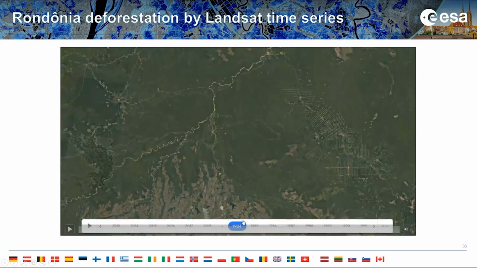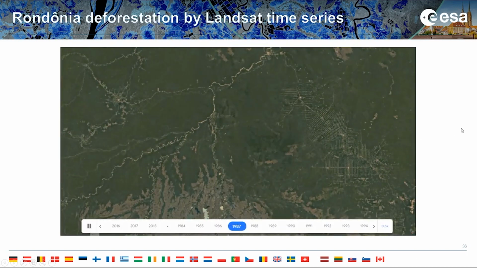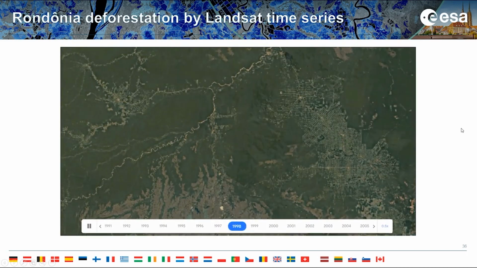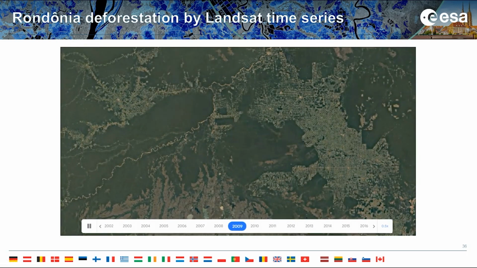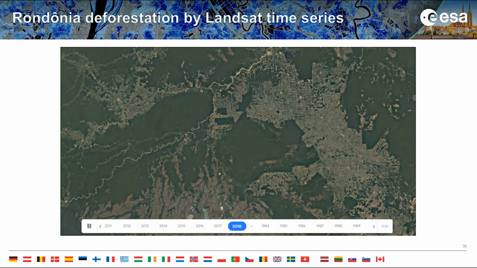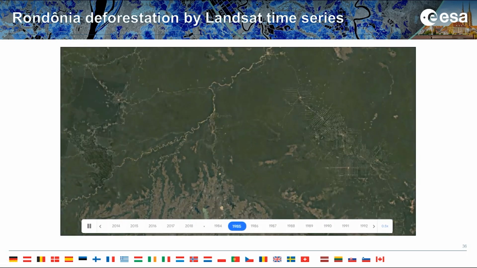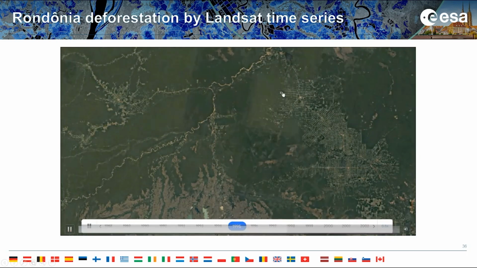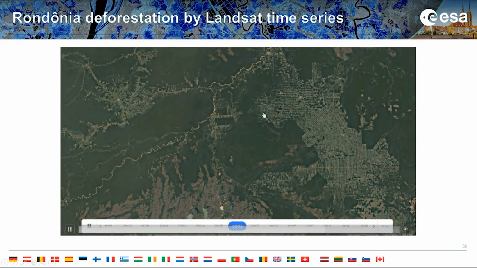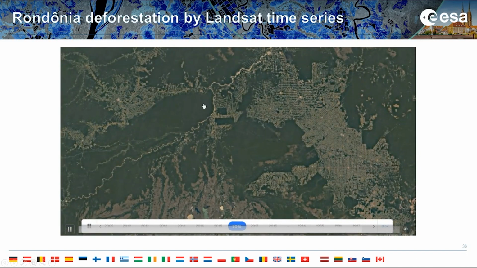Another application could be deforestation. This is the Rondônia region in Brazil, and over the years there was huge deforestation on this part, and even here.